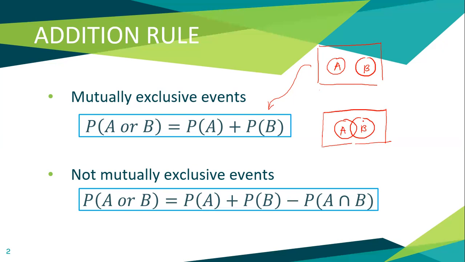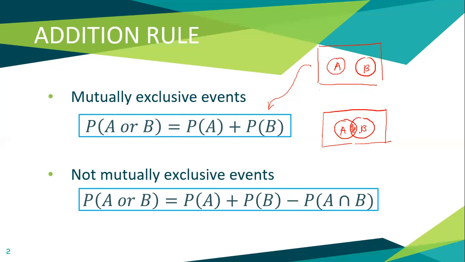Ibig sabihin, meron na silang common outcome. Tama? This one. Itong nasa pagitan nila, these are the common outcomes. Parehong meron kay A, meron din kay B. So kapag ganyan na meron na silang common outcome, that is considered a not mutually exclusive event.